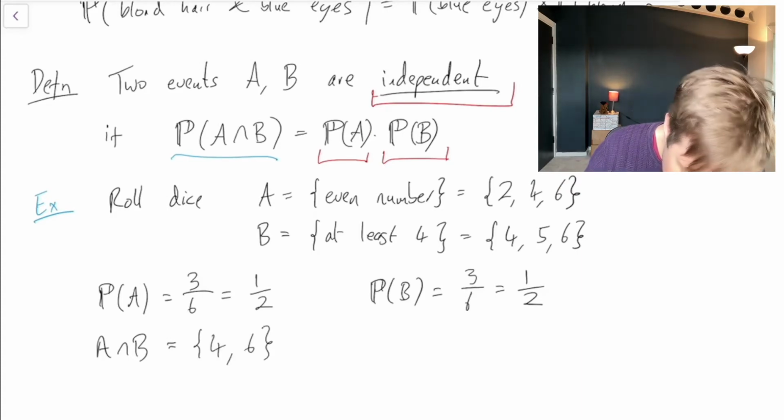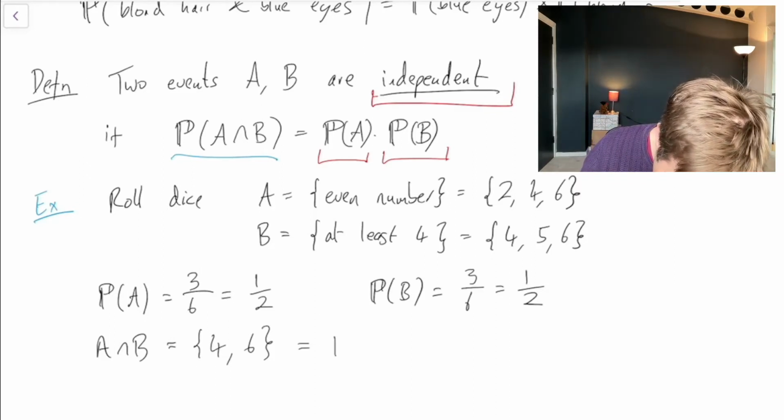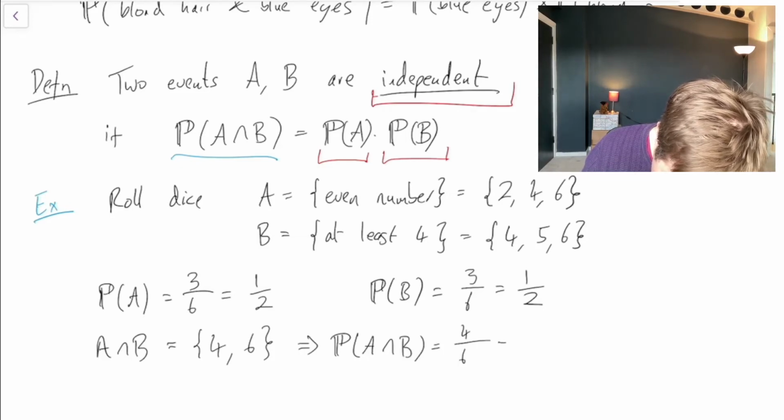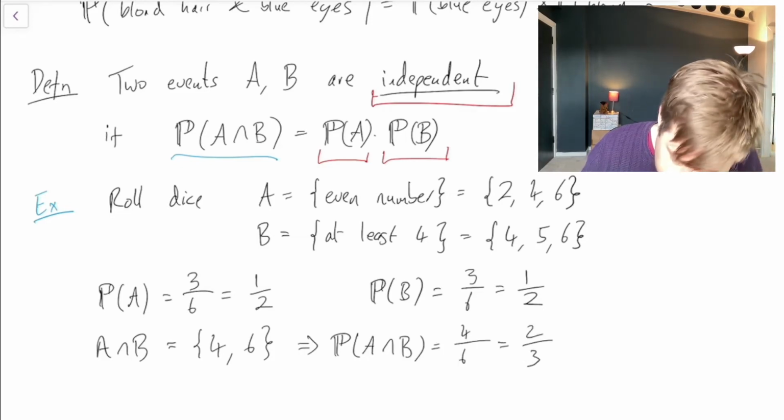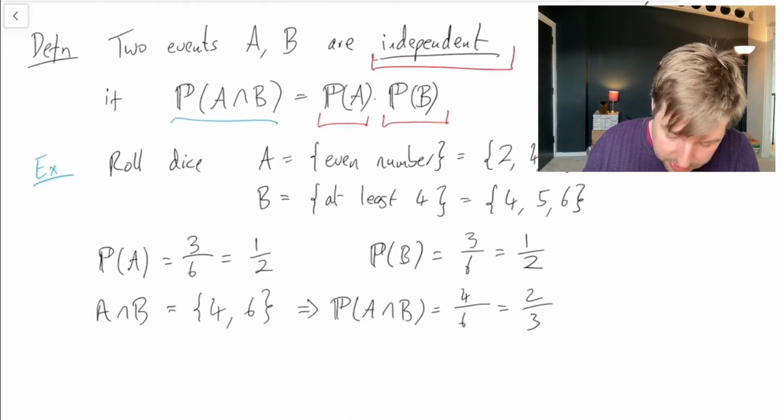Those are the only two outcomes that are both even and at least 4. And so the probability of A intersect B is 4/6, or 2/3.